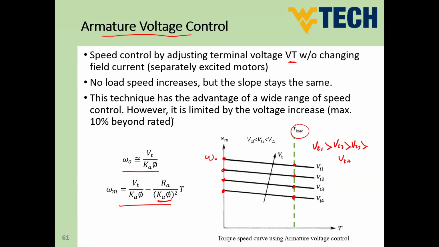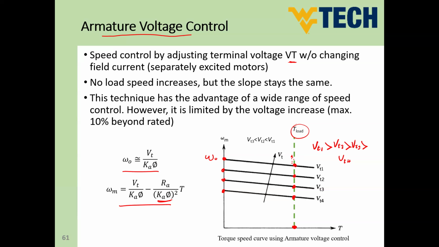This technique has the advantage of wide range of speed control. Can you see, guys? You can decrease the volt to very low values until having zero speed here. So you can have speed control from 0 to very close to no load speed, or even increase it a bit to reach no load speed or higher. But you have to consider that the volt is less than 110%.